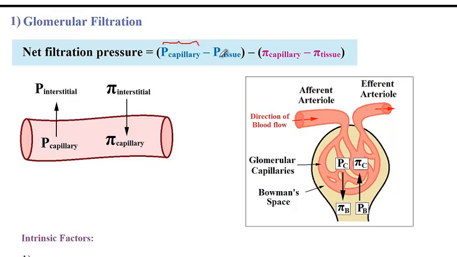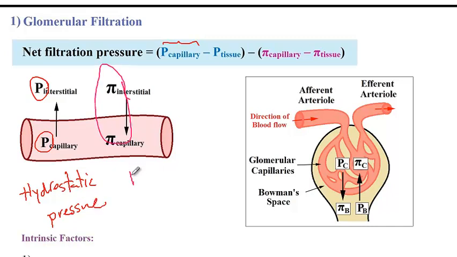P stands for hydrostatic pressure, while pi stands for oncotic pressure. I will go into a little more detail about what each of these means.